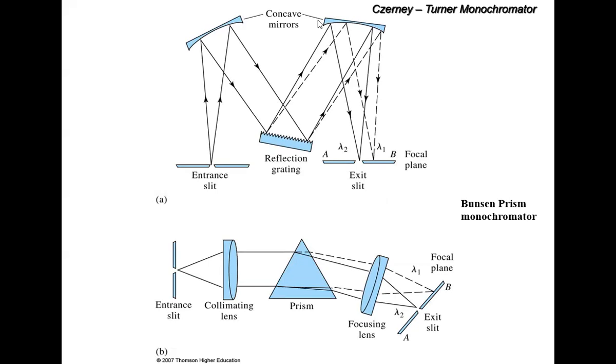Yes, those two people worked on it and gave us this type of monochromator. And it's not really difficult to see. And then we have a very simple one using prisms. Then the Czerny-Turner monochromator, we'll talk about it on Wednesday.